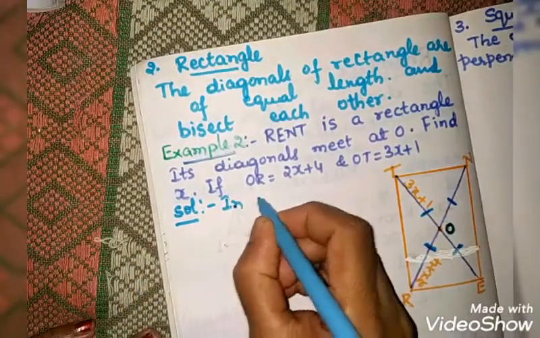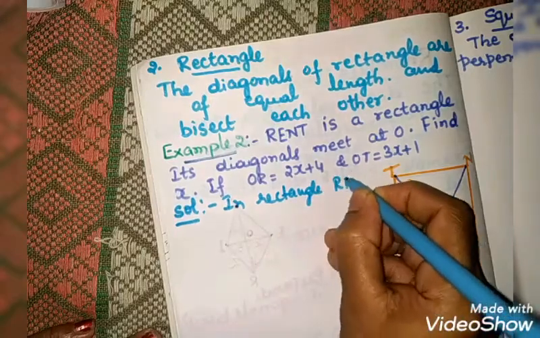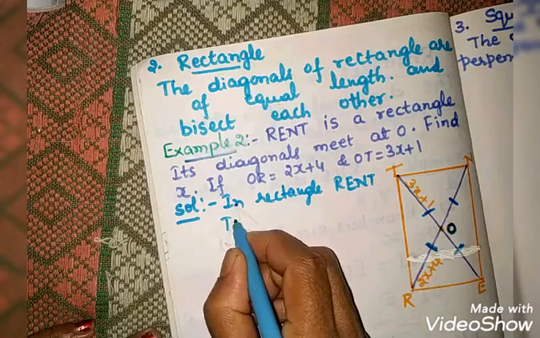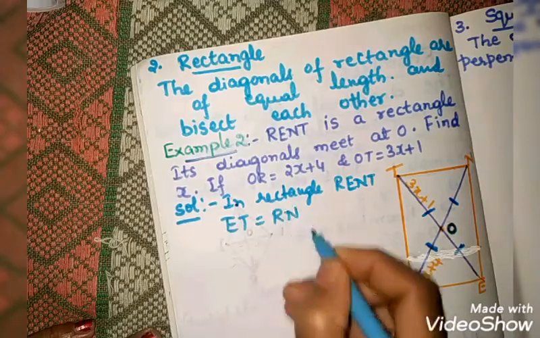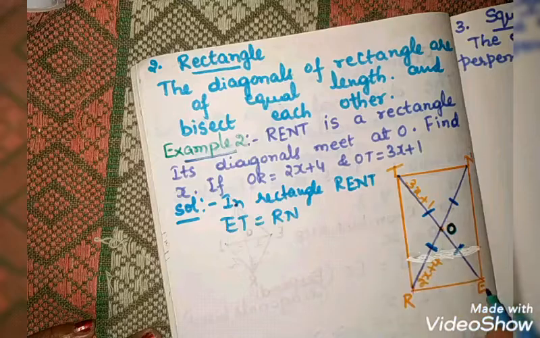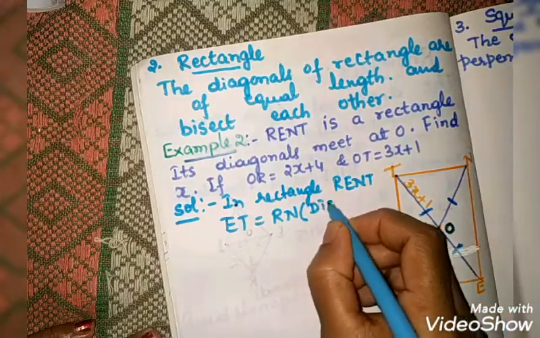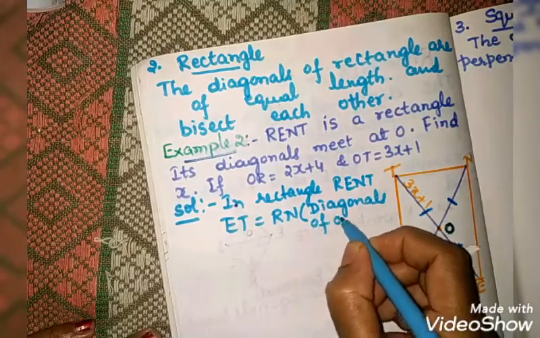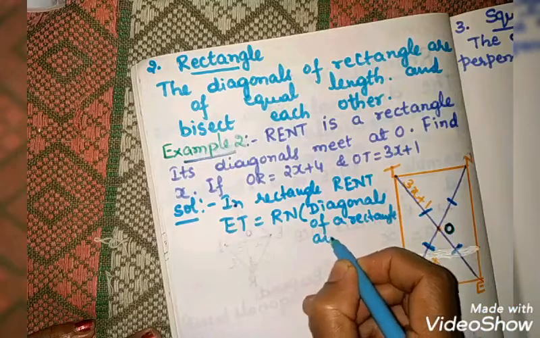In rectangle RENT, ET is equal to RN, right? ET is equal to RN, children. Why? The diagonals of a rectangle are equal.